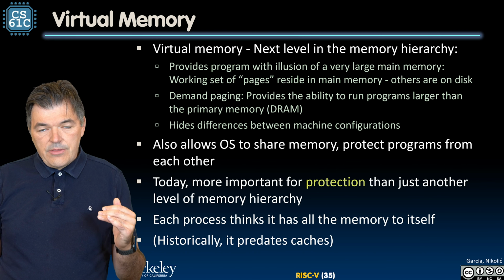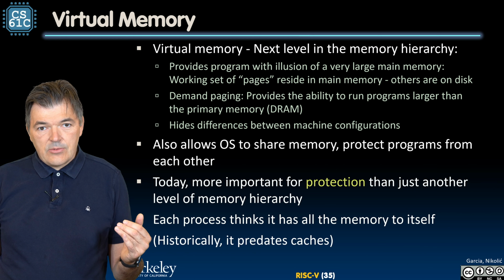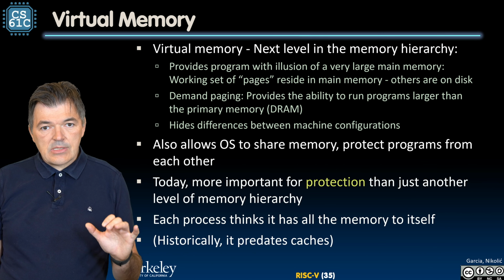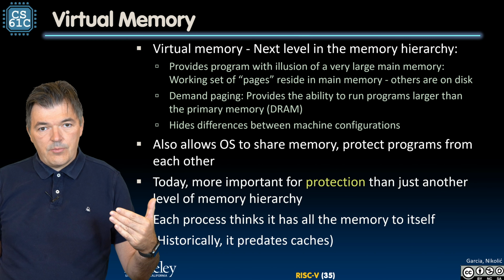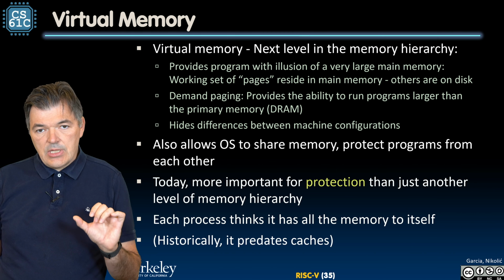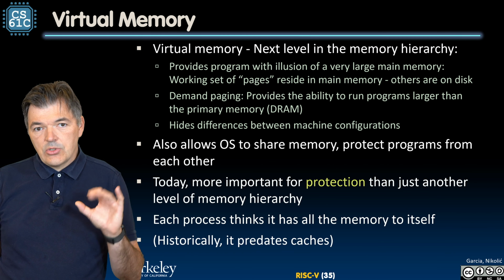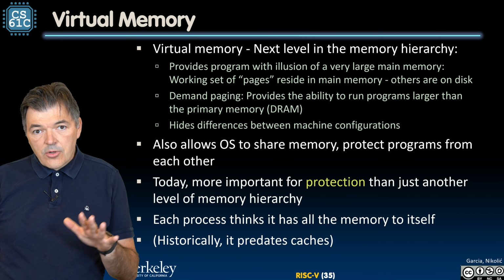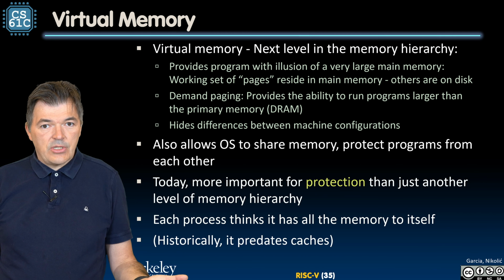Another important concept associated with virtual memory is that it enables the operating system to protect processes from each other. What does this mean? This protection is really important. We don't want programs to accidentally or maliciously run over each other's memory space.